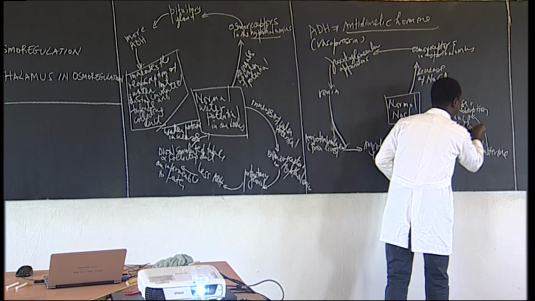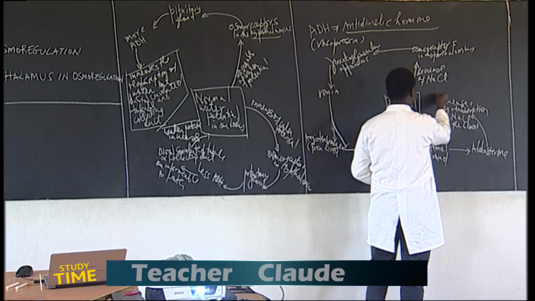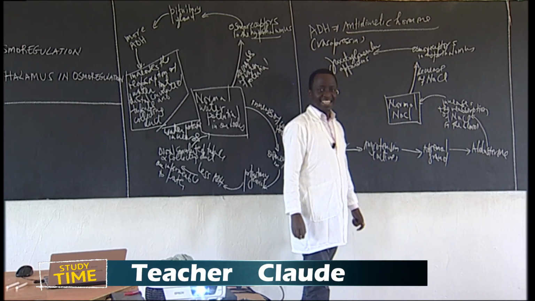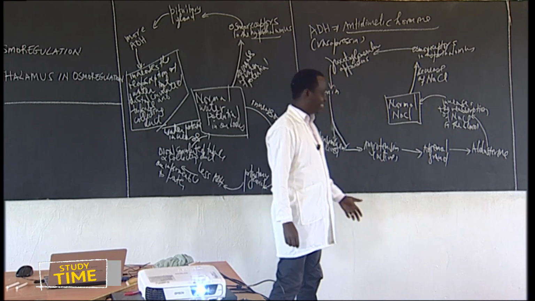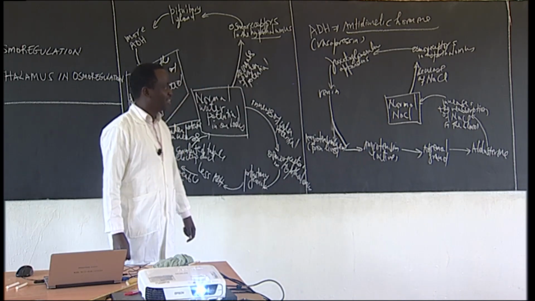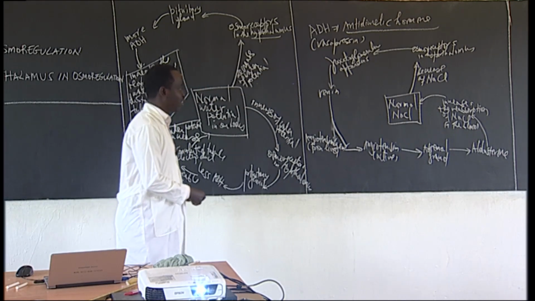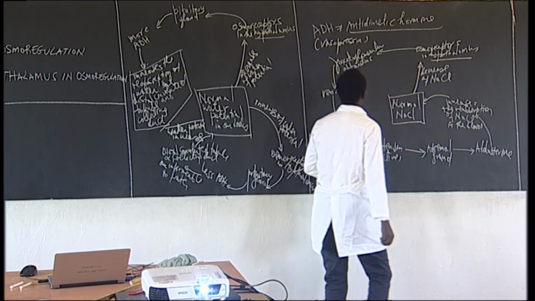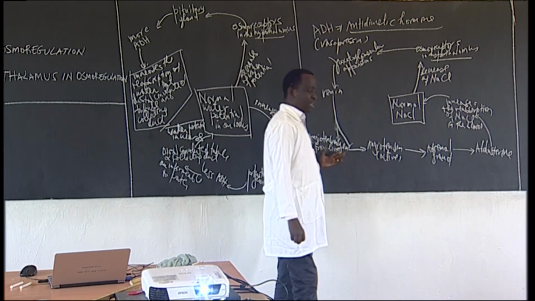Are you okay? And then when this increases, the problem is now corrected. This is how NaCl or sodium chloride can be controlled. You see, the hypothalamus is involved, and then these hormones. Are you getting something?